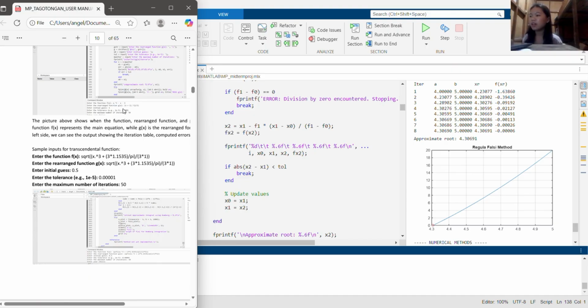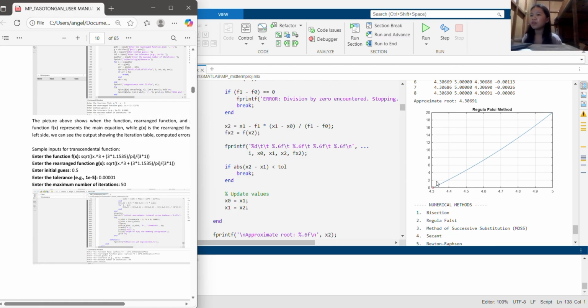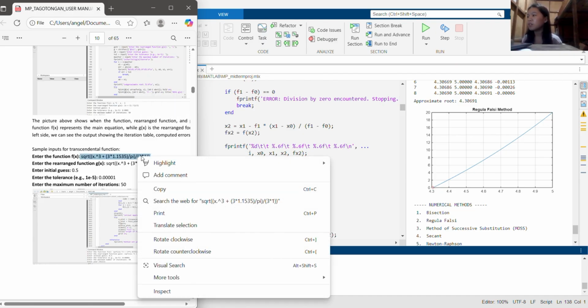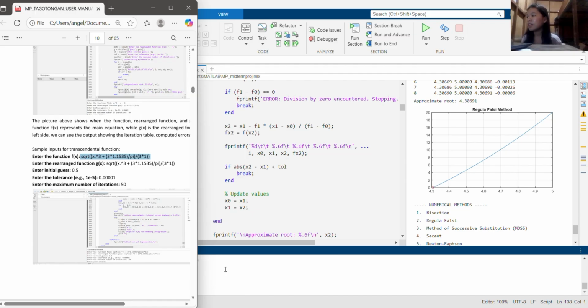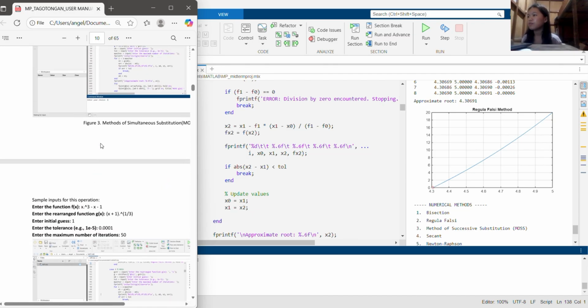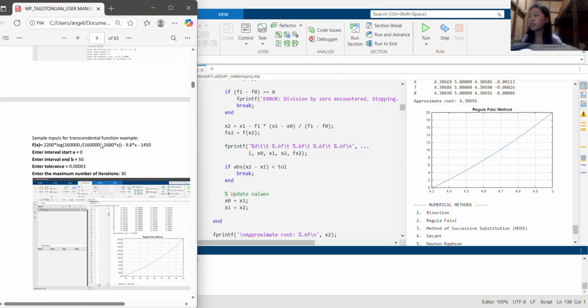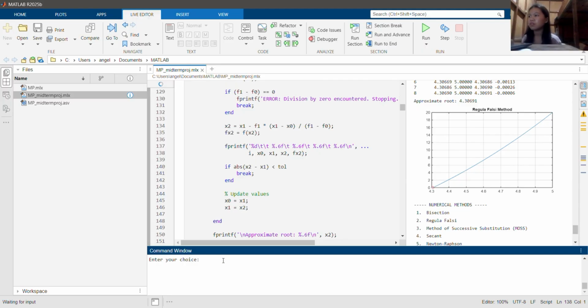You can also solve for a transcendental function with the 1 and 2 keys, or the bisection and regula falsi. So here I'm going to take this function to try and solve it for the transcendental function example.